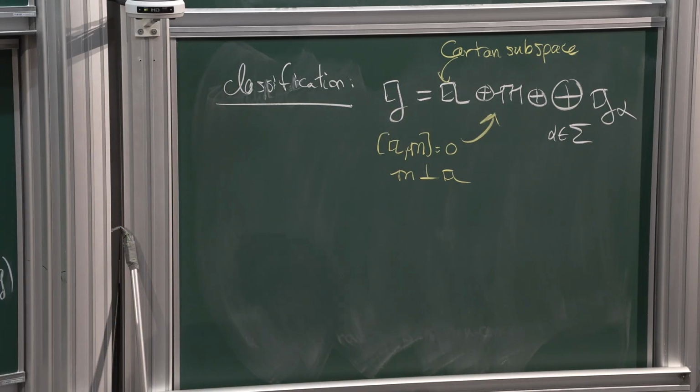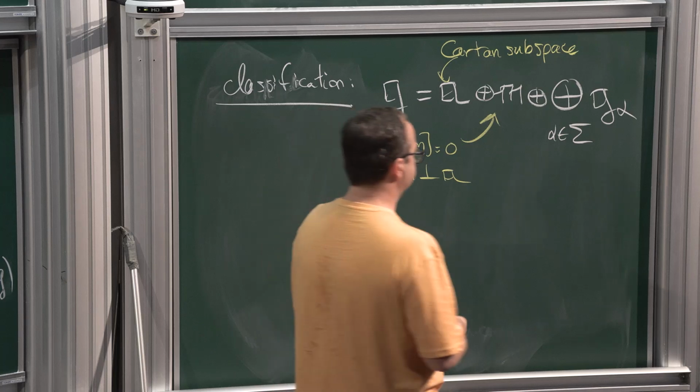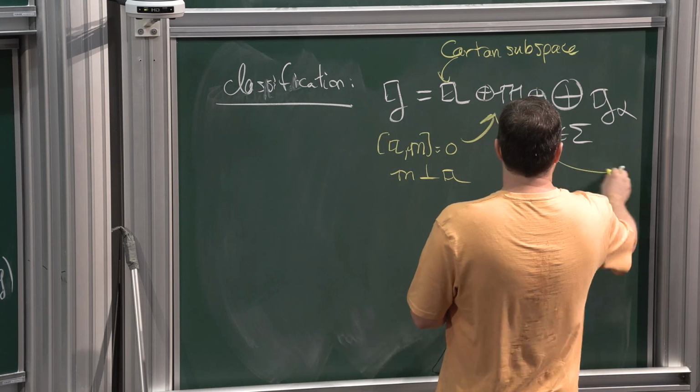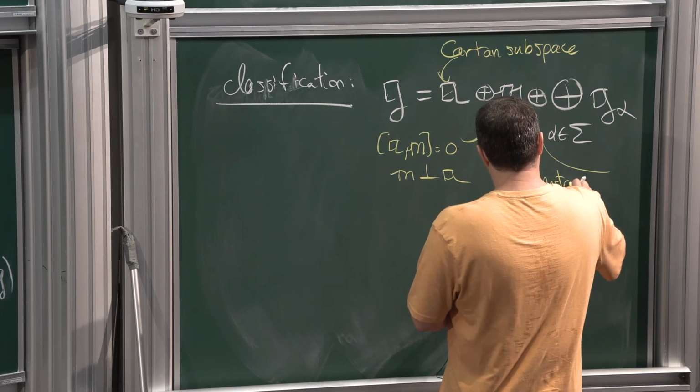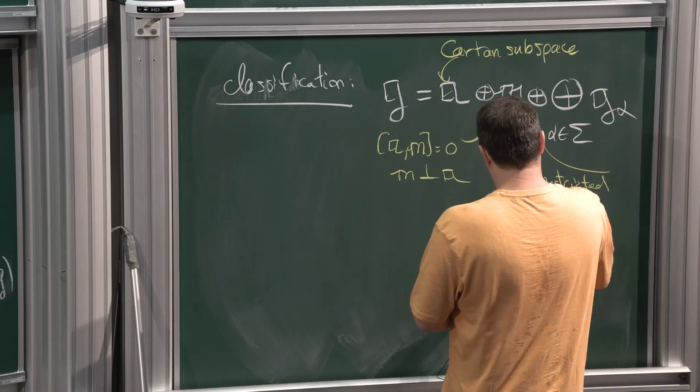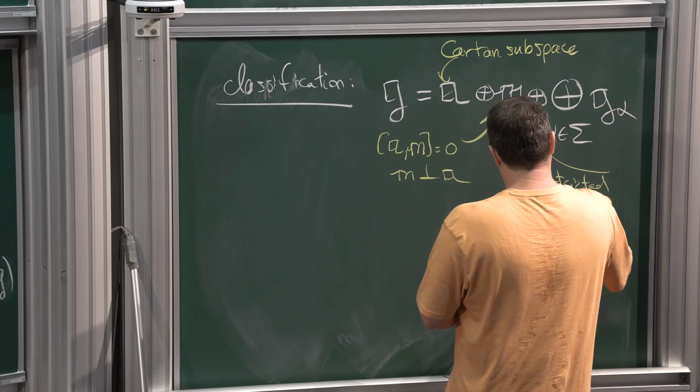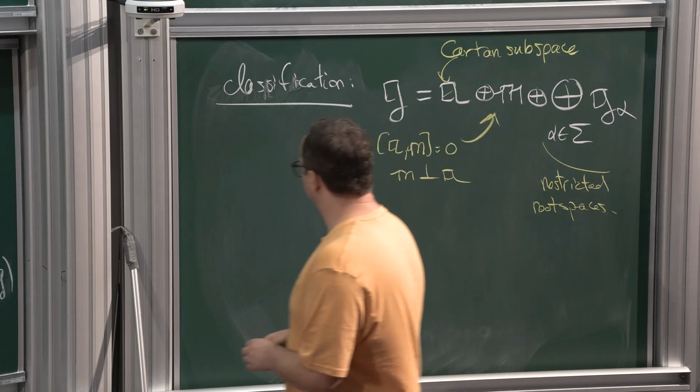You actually don't need to fix a Cartan decomposition to define all these things, by the way. You don't need to fix a maximal compact subgroup. And these are the restricted root spaces. Okay.